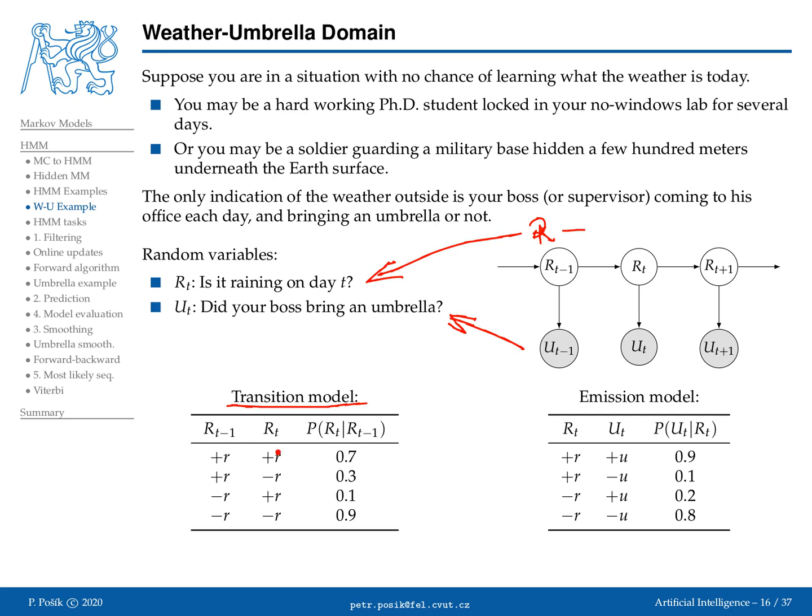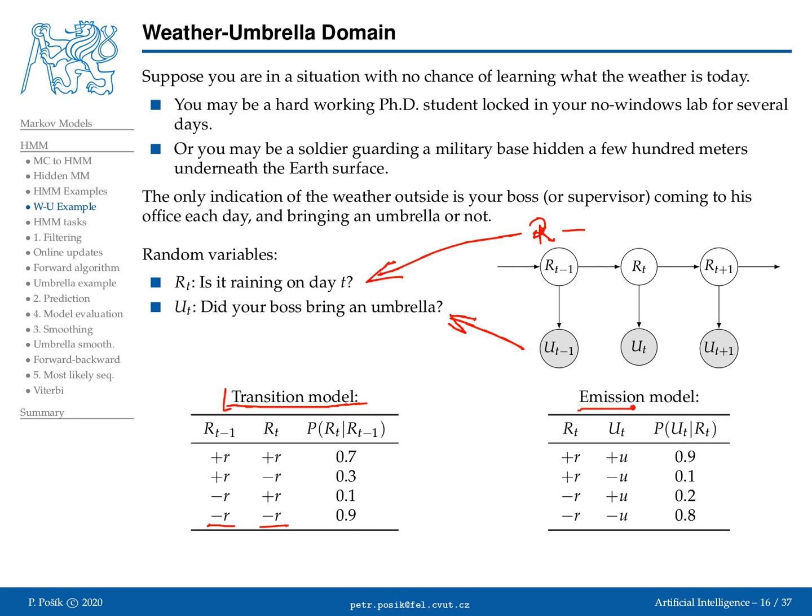It describes how the weather changes, and given some historical observations or experience, you can assume that this kind of model exists. For example, if it was rainy yesterday, it will stay rainy today with probability 70%. If it was rainy yesterday, it will change to sunny weather with probability 30%. But if it was sunny, or not rainy, yesterday, it will stay not rainy today with quite a large probability of 0.9.